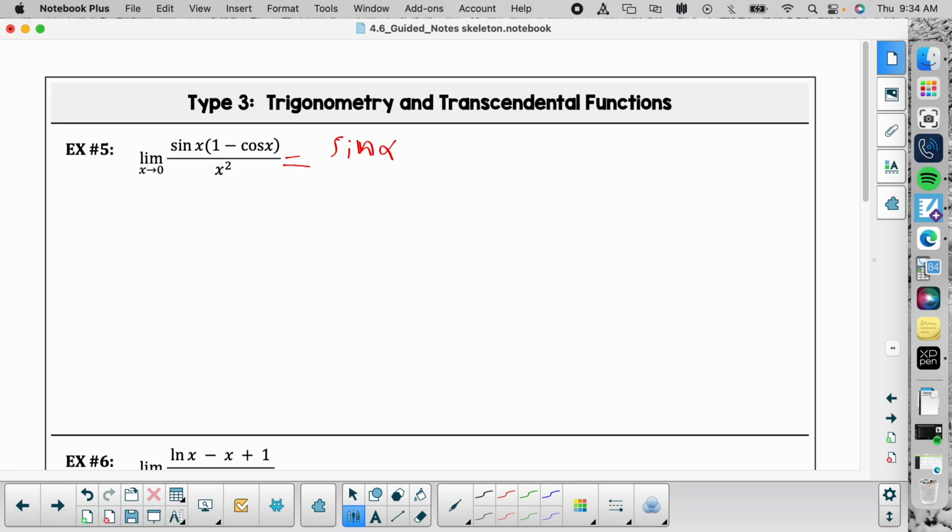They were going to do product rule on the top, which is correct. It's not wrong, but it would just get very ugly and very long. One of the limit properties that we learned forever ago is that you can split apart a multiplication into two separate limits.